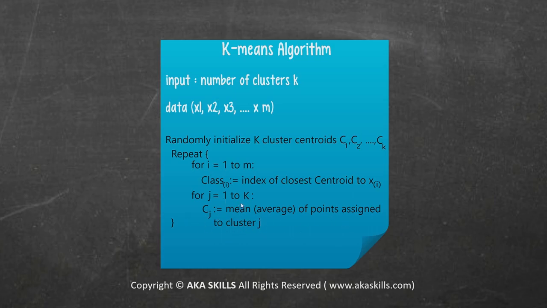Here j goes from 1 to the number of clusters, in our example, 3. And simply that's the k-means algorithm. It's a really simple algorithm, and later on when we do it in R, it's going to be even simpler to use. So don't worry about that.